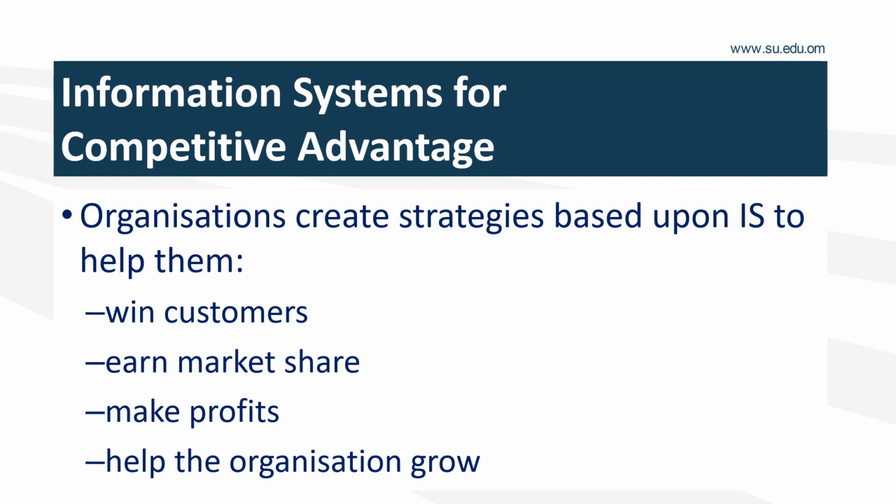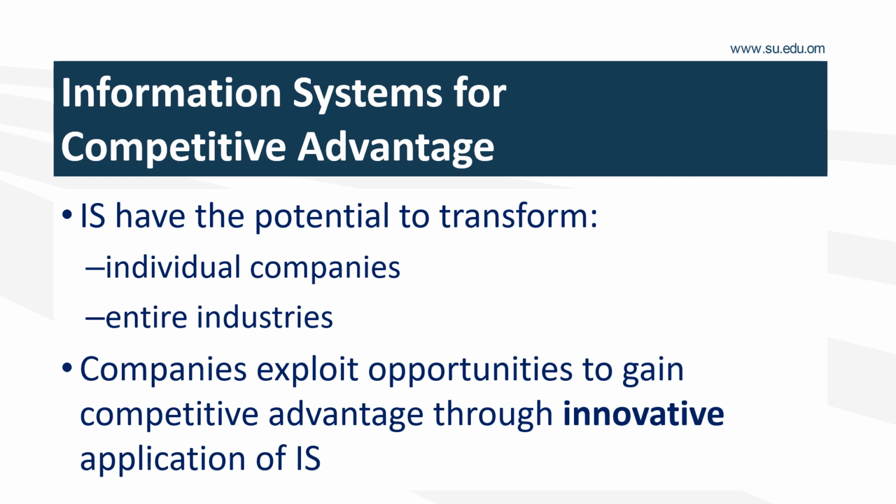Information system can help the organization to achieve these strategies. Information systems have the potential to transform individual companies or entire industries to achieve competitive advantage. They have to exploit opportunities through innovative application of information system.